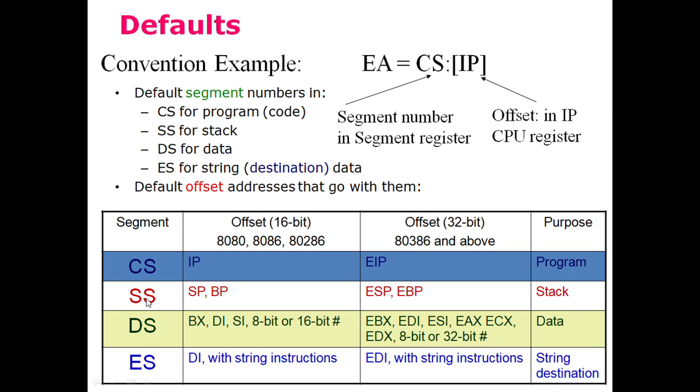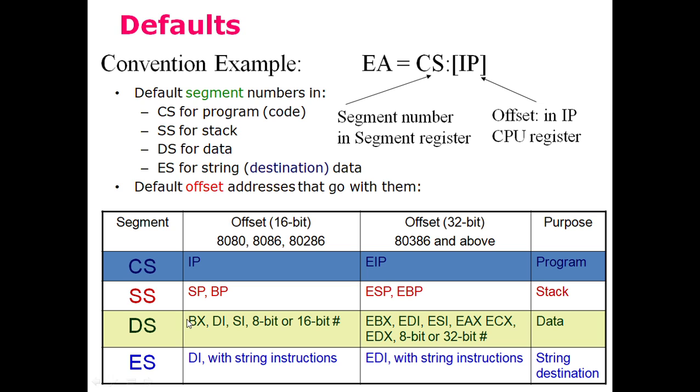For the stack segment, the segment register is the stack segment register, and the offset address is provided by the stack pointer, base pointer, and the extended versions are ESP and EBP. And the stack segment is used for the stack. Similarly, the data segment register is used for the data segment, and the offset address can be provided by a number of registers, including BX, destination index, source index, an 8-bit or 16-bit immediate value, and if we need a 32-bit offset, then the extended versions are used.